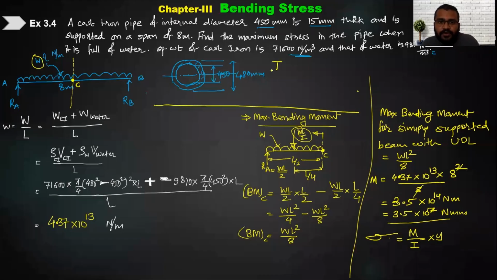So how will you find out I for this section? It is pi by 64 into 480 raised to 4 minus 450 raised to 4. How much will be this answer?